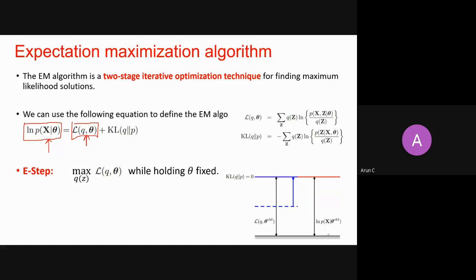So if I maximize this lower bound, definitely it will always be below this log likelihood function. So however much I improve this lower bound, it will always be below the likelihood function. So if I maximize this somewhere, I know that the log likelihood is greater than that. So indirectly I am increasing this thing, right?